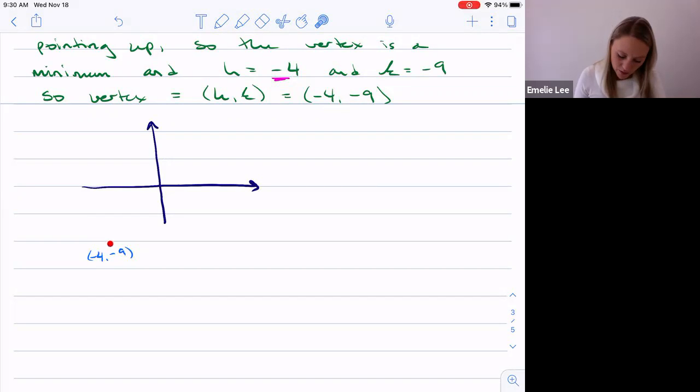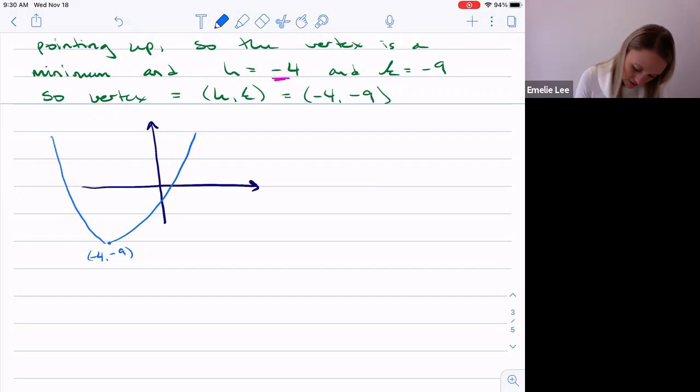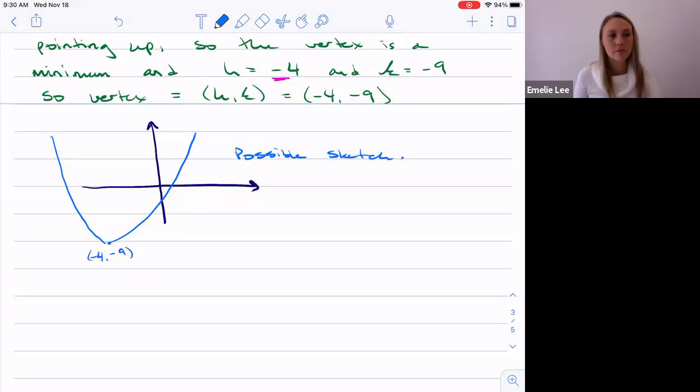It's pointing up, so this is my minimum. So from here I've got something that might look like this. This is a possible sketch, just from knowing where the vertex is and which way it's pointing.